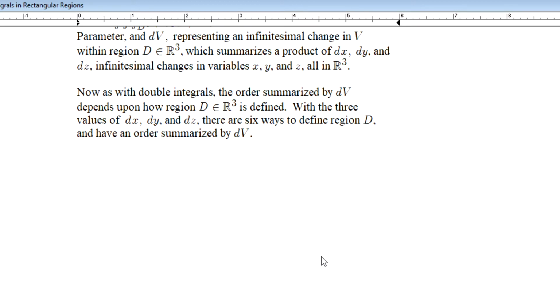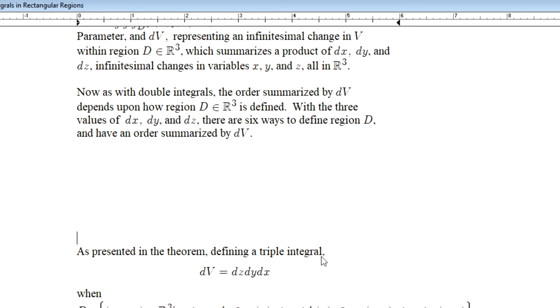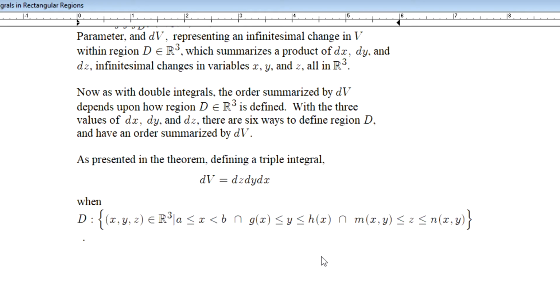There are going to be 6 ways we could generalize our triple integration. Just like we saw back in double integrals, for dx and dy there were 2 ways depending on the order: we saw one for the order dy dx, and another for the order dx dy.